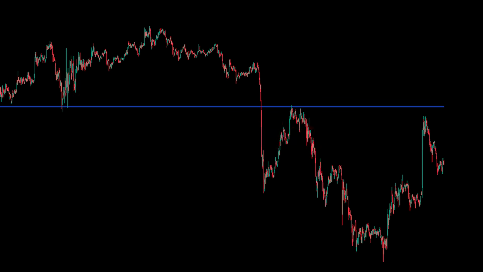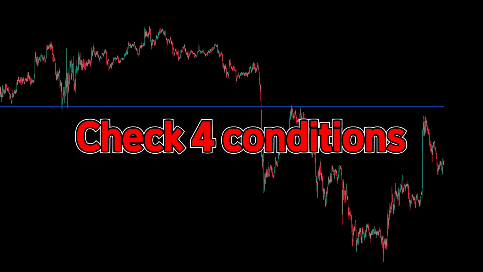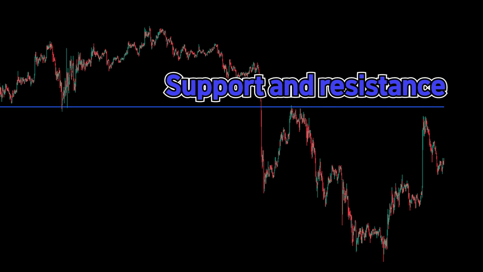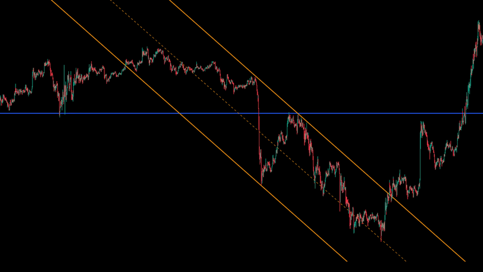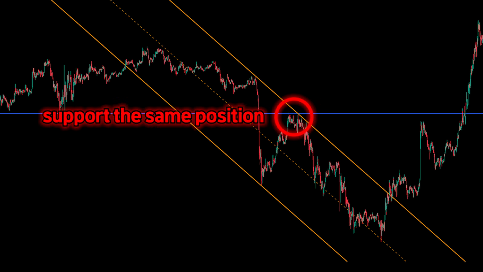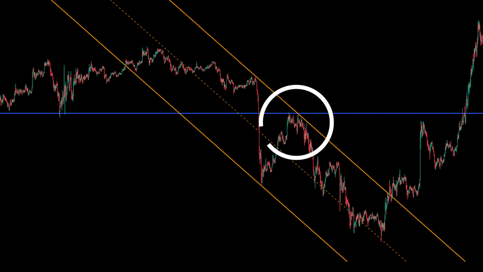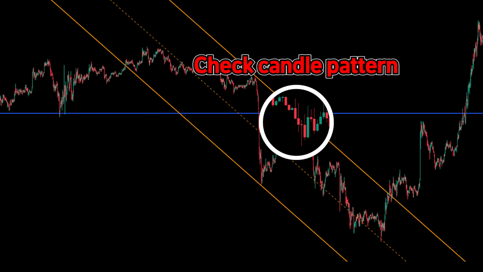In a downtrend, check for the same 4 factors using the same approach. For support and resistance, look for a level where previous support has flipped to resistance after breaking down. For the trend line, check whether the line connecting the swing highs of the downtrend is also acting as resistance at the same level. For candle pattern, look for a strong bearish reversal candle, such as a bearish engulfing.